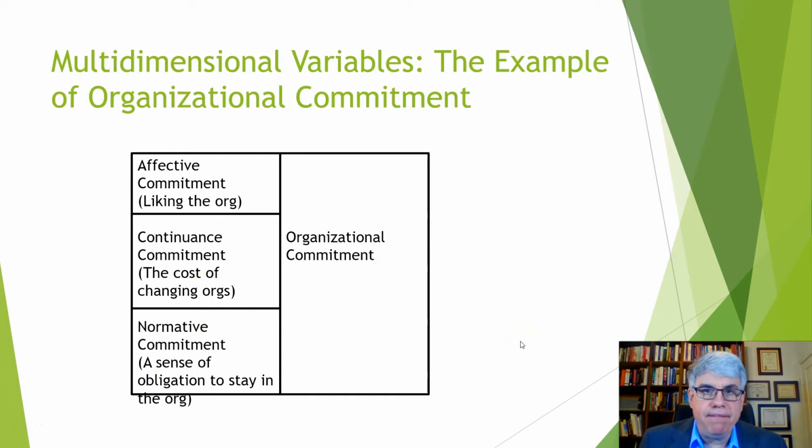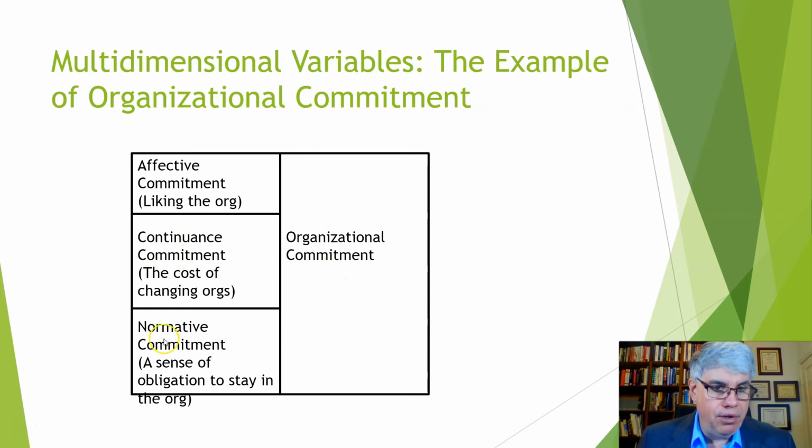But we don't have to use all three dimensions. We could use just affective commitment. In fact, a lot of studies just look at affective organizational commitment because that tends to be the most powerful one in most people, how much they like the organization. And this one has the best predictive power for predicting whether people stay or not.